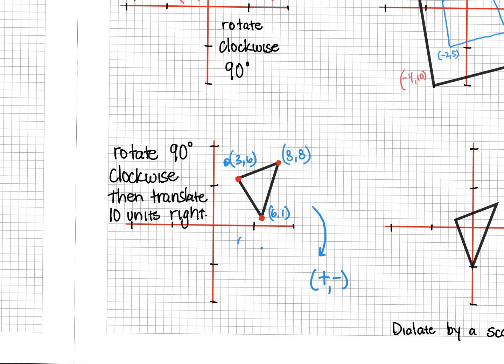So 6, -3. Instead of 8, 8, we're still gonna have 8 and 8, but +8 and -8. And then finally, 6 and 1, switch it around, 1 and 6, but +1, -6. And there's where this shape rotates to.